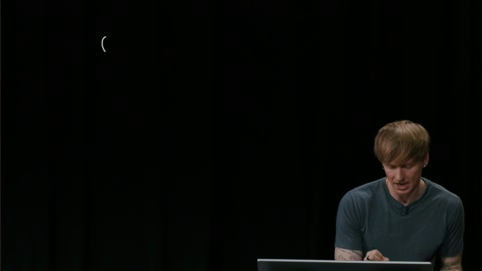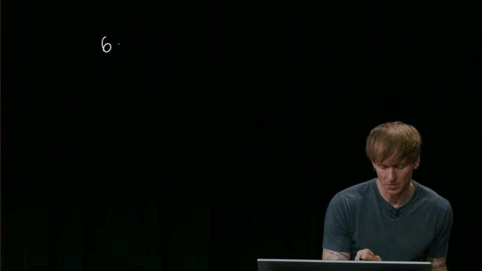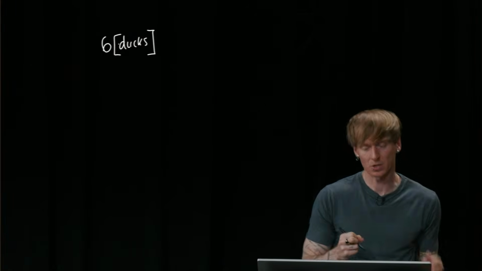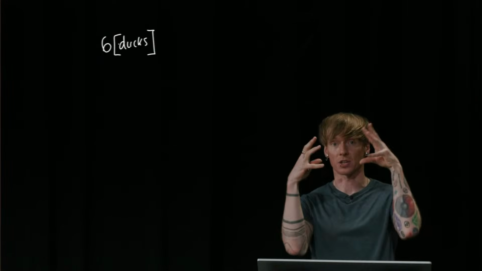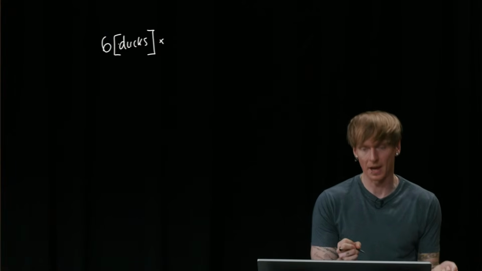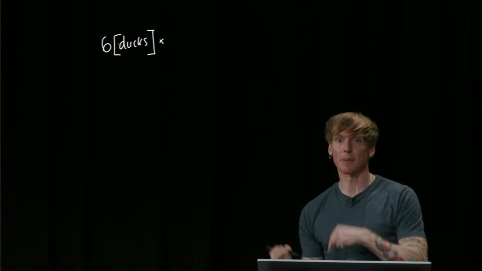So we have the equation. It's 6, and then we're told that Lucy is buying 6 ducks, and then we have d, and then we have the $12. So what we've got is we've got 6 ducks as our units. So I'm going to write that in a square bracket, which is a common notation when you have a unit. So it's 6 ducks multiplied by d somethings.